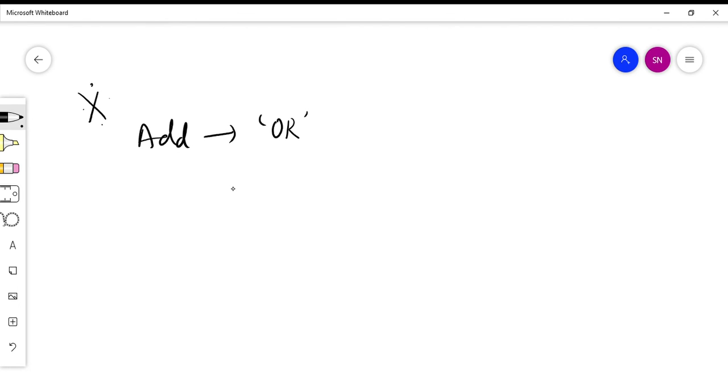When you're performing multiplication, you look for keyword "and". Please make a note of it. Students go wrong here only. So whenever there is "and", you will multiply. Whenever there is "or", you will add. So hope you people have understood.